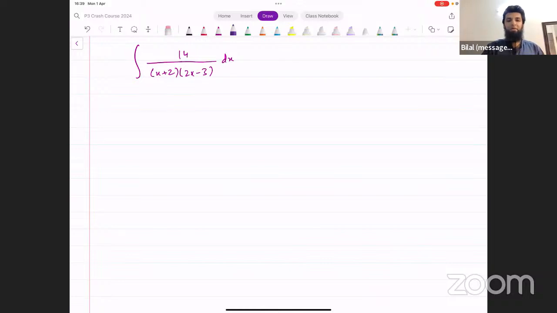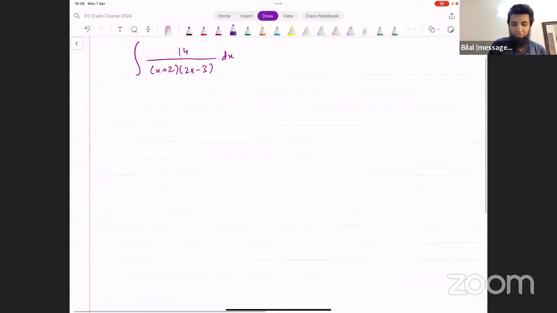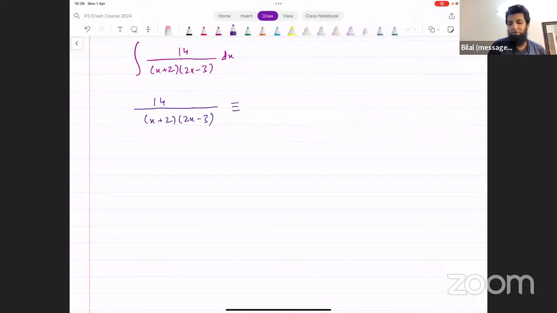You would actually find the partial fractions of this fraction and break it down into 2 parts. Right? So what do you actually do in partial fractions? You break the denominator into parts. So in this case, you have 14 over (x plus 2) and (2x minus 3). This is a proper fraction, right?